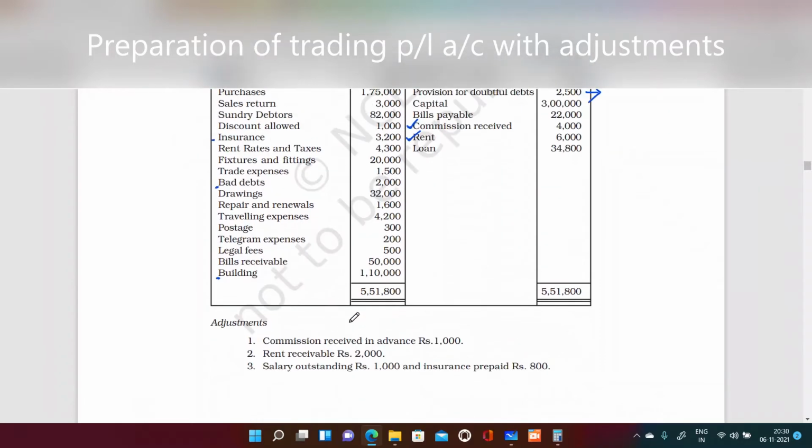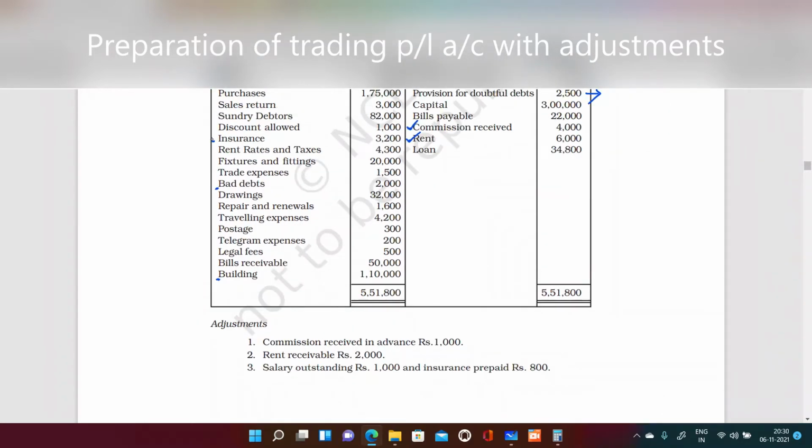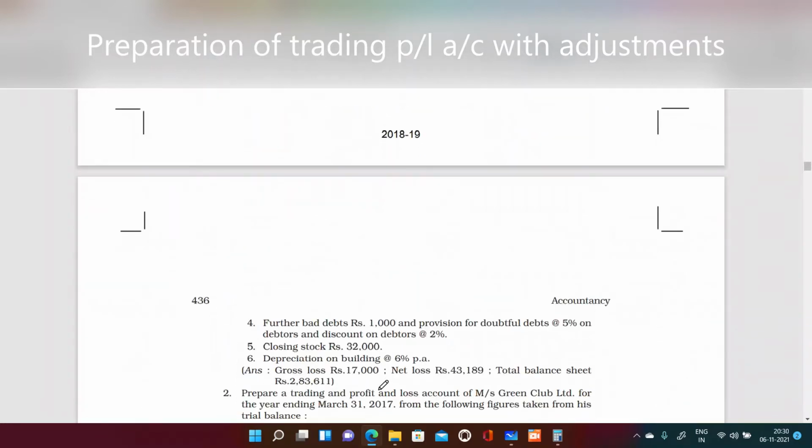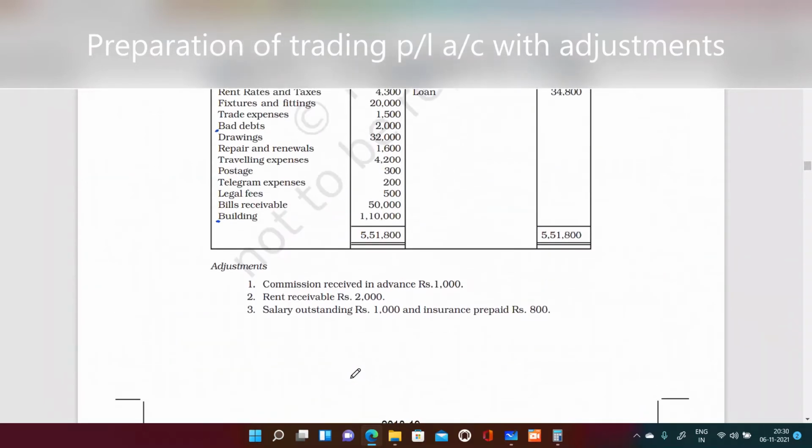Then prepaid insurance, so where is insurance here? Then further bad debts, provision for doubtful debts 5% on debtors, discount on debtors, closing stock, depreciation on building 6%. Okay, so where is my building? Here. And where is bad debt? Here. So we will proceed with our solution.